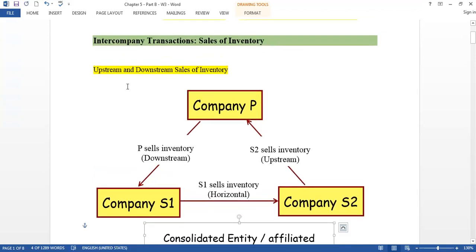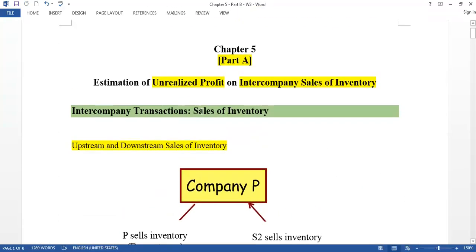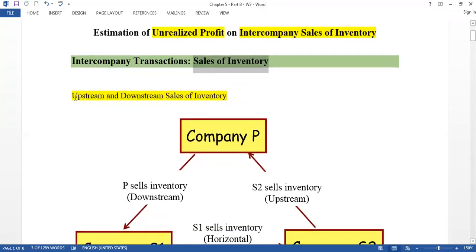When you are going to read the question paper, you have to make sure whether this kind of sales of inventory is upstream sales or downstream sales, because some items are common whether it is upstream or downstream, and some transactions are different.